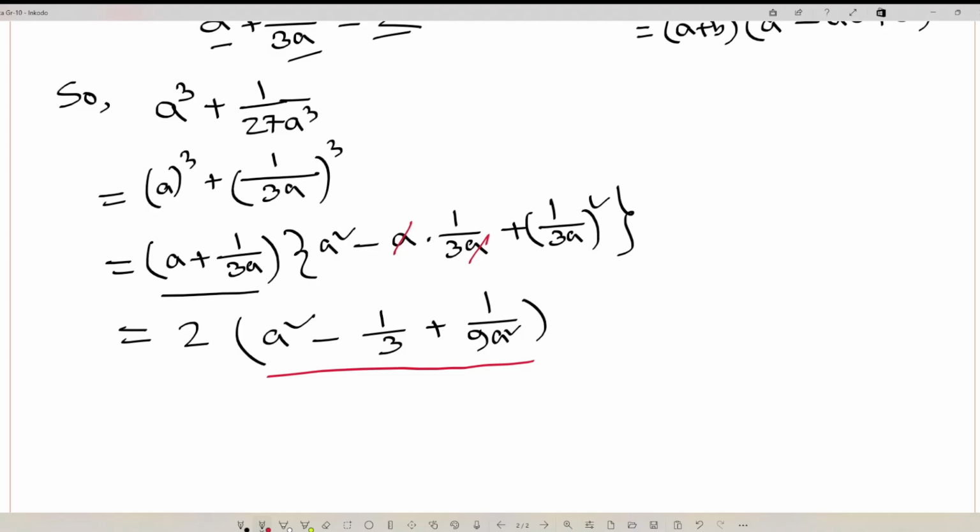This one we can write with another formula.